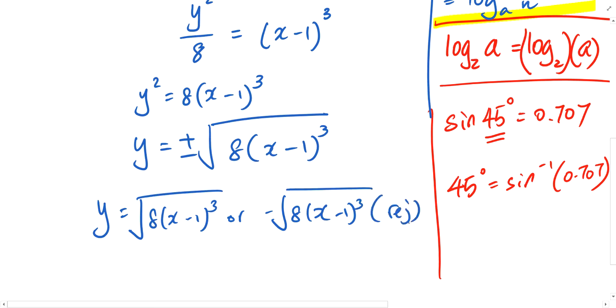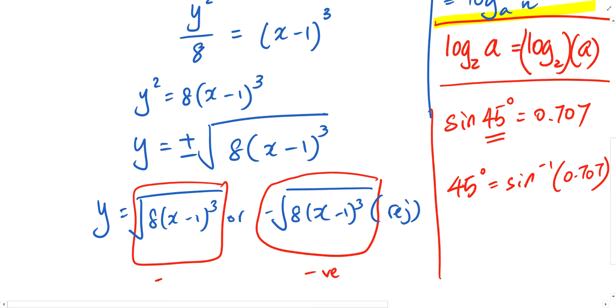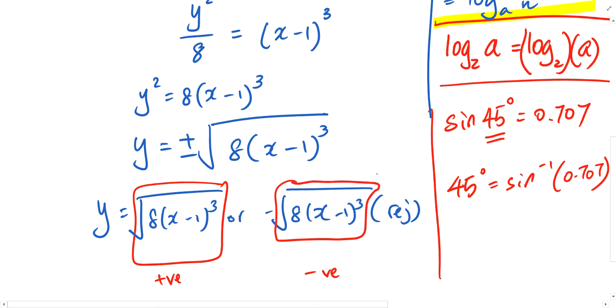I hope you realize that this over here is negative, and this one is positive. To make it clearer, this part is positive, then you times a negative, then the whole thing will become negative. You cannot take log of a negative number.